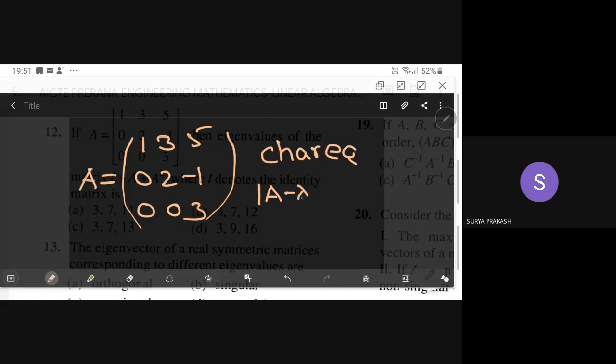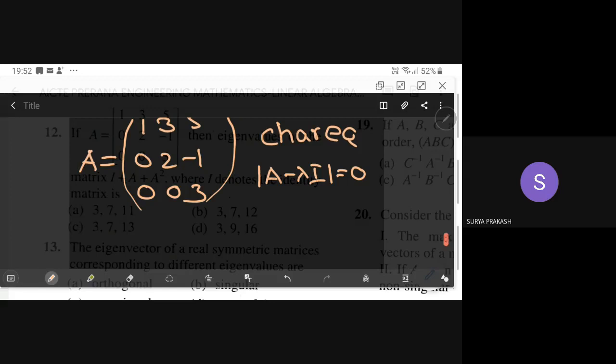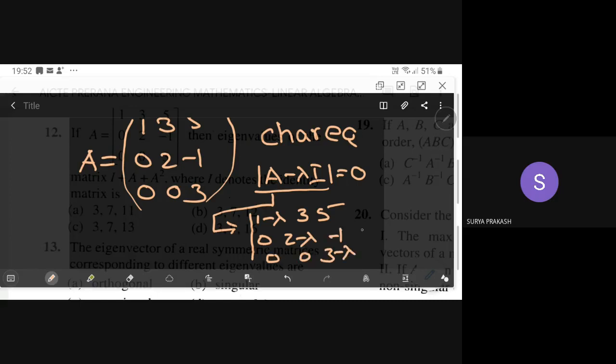Determinant of A minus lambda I is equal to 0. A simple way of doing it: write 1 minus lambda, and along the principal diagonal you put minus lambda, that's all. The rows are 3, 5; 0, 2 minus lambda, minus 1; 0, 0, 3 minus lambda. That is equal to 0.